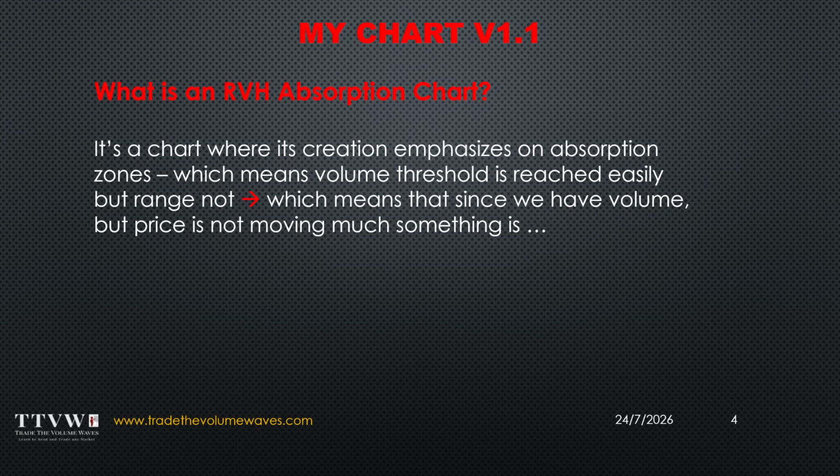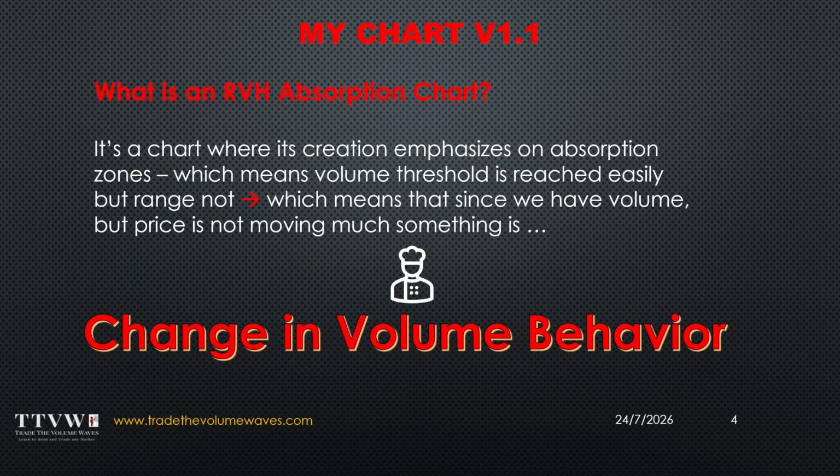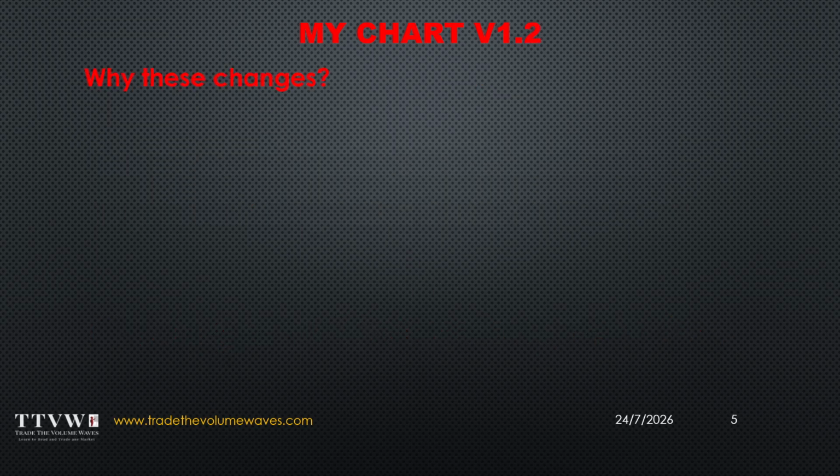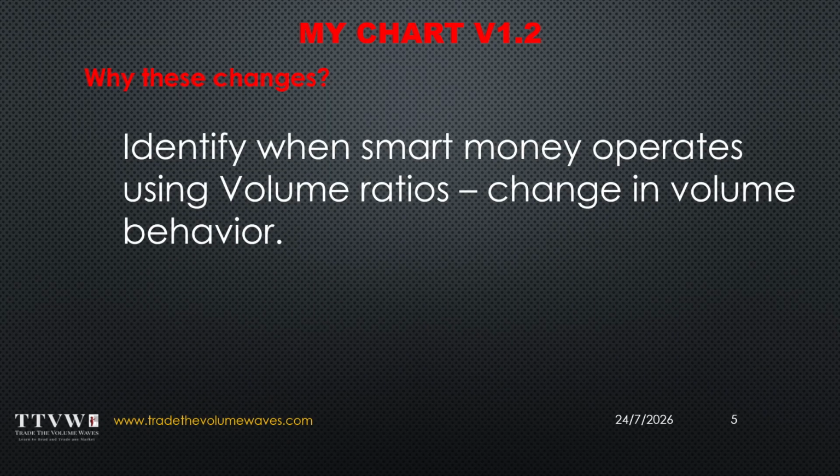Since we have volume but price is not moving, something is cooking. All right? We have a change in volume behavior. And this means that we're identifying when smart money operates using volume ratios.